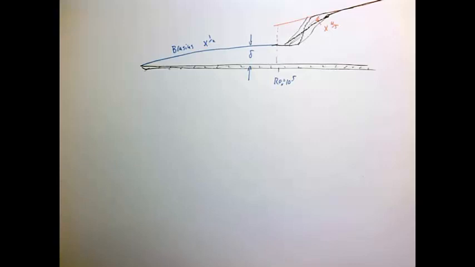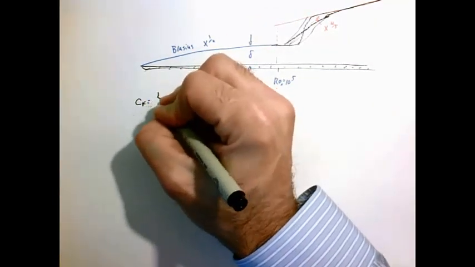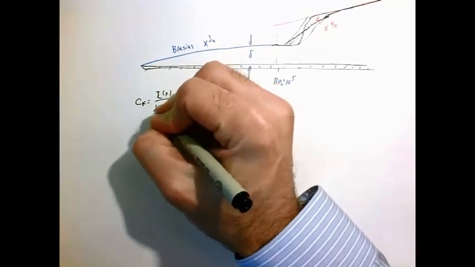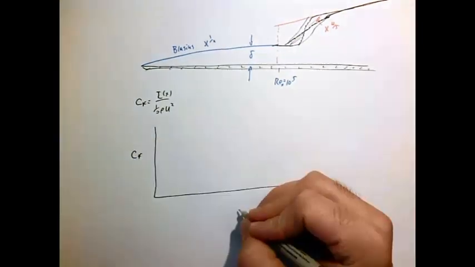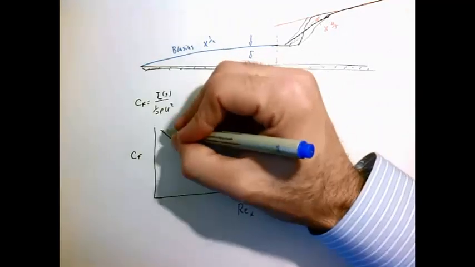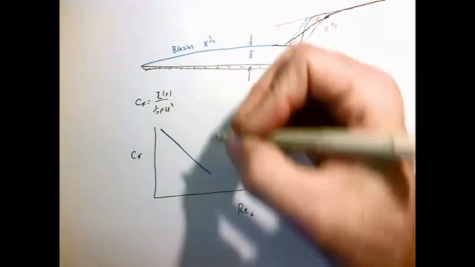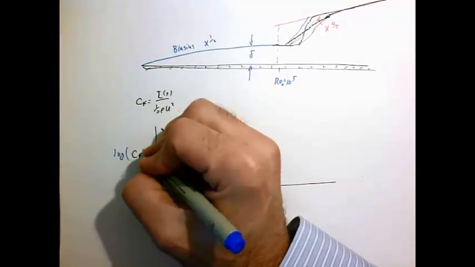If we looked at the coefficient of friction, which we define as the local shear stress divided by 1/2 rho u squared, and we plot that as a function of the Reynolds number based on x, or distance down the plate, let's imagine this is in log scale, so this is the log of the Reynolds number and the log of that.